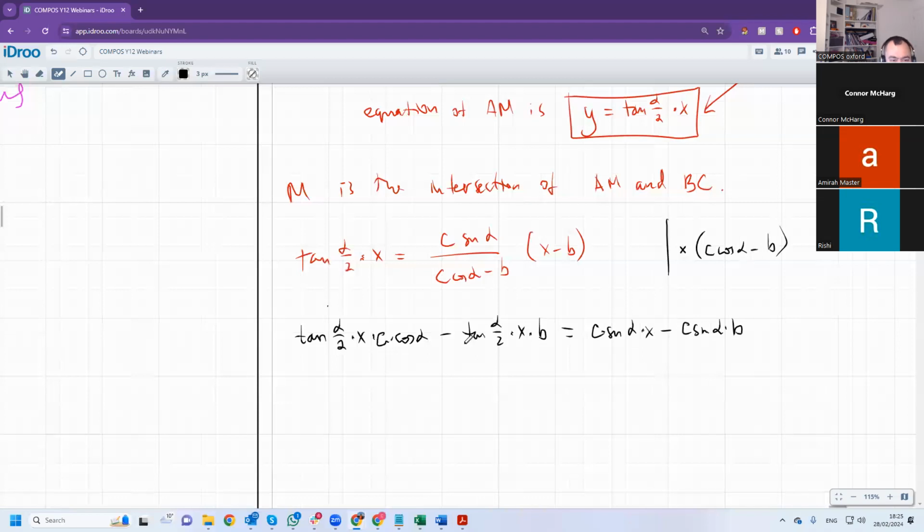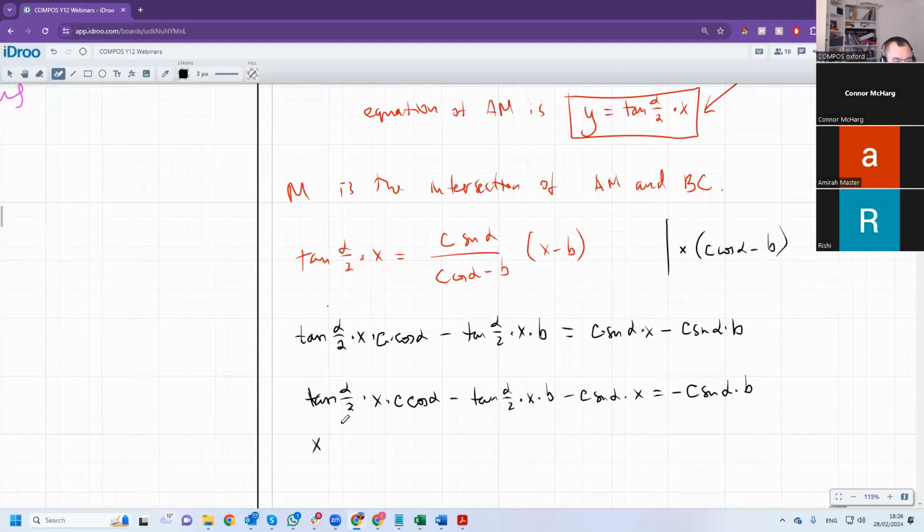Okay, it's actually not too bad. Now everything with x goes to one side, everything without x goes to the other side. So we have x tan alpha over 2 multiplied by c cos alpha minus tan alpha over 2 multiplied by x multiplied by b minus c sine alpha multiplied by x equals minus c sine alpha multiplied by b.